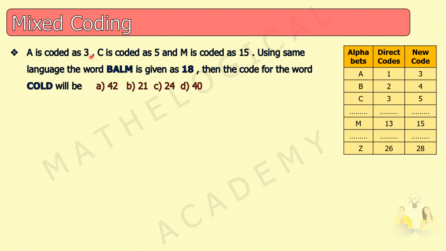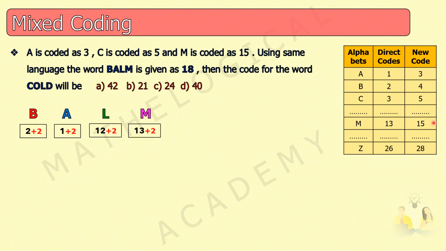But here we are given 3, 5 and 15, that is 2 more than each serial code. So A3, C5 and M15. We'll note down the numbers and see their relationship. So BALM, for L also we'll write accordingly, 12 plus 2. 12 is the serial number of L, and we'll add 2 to it.